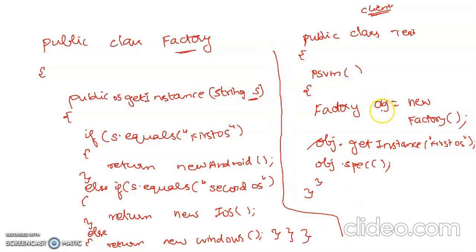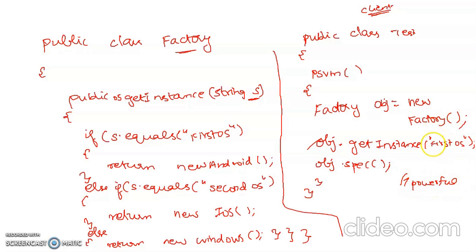Object.getInstance is my factory method. My string is first OS, so here s will be replaced with first OS. s.equals first OS, so new Android is called, which in turn returns the result as powerful.